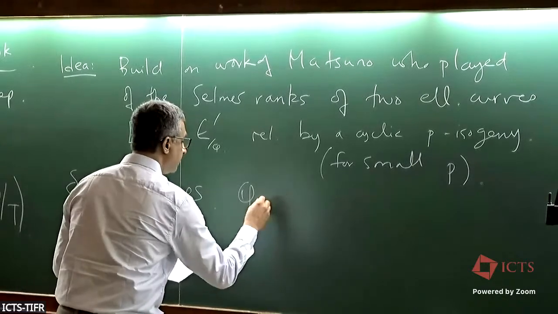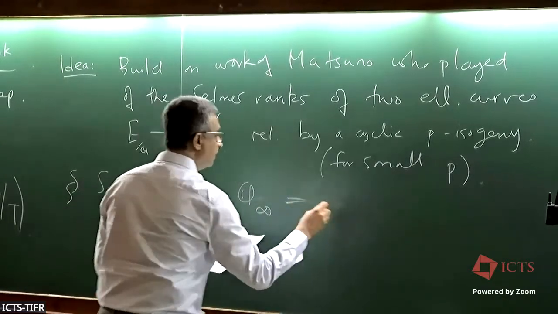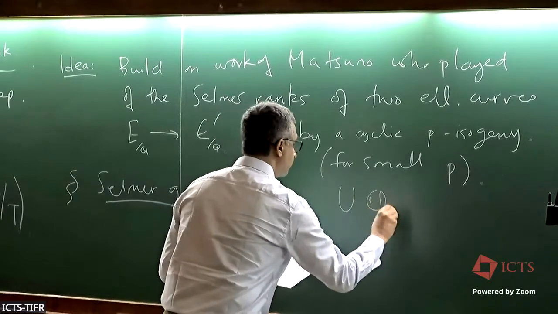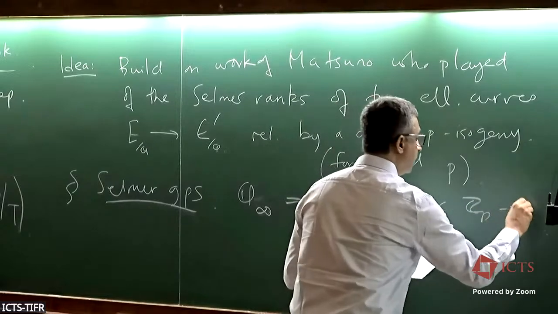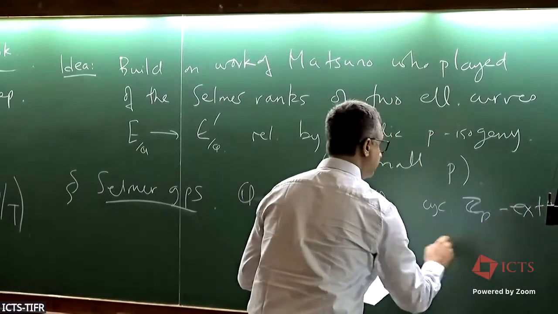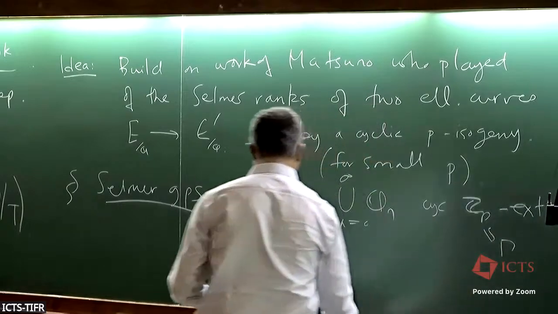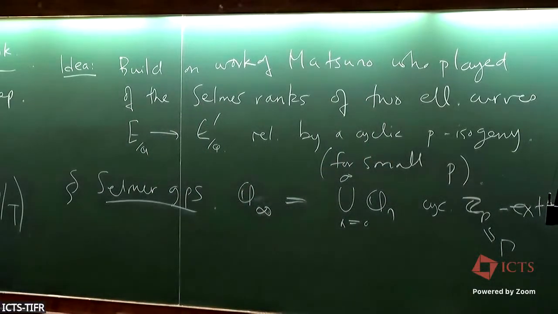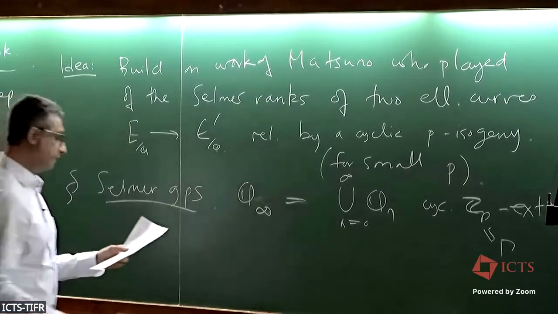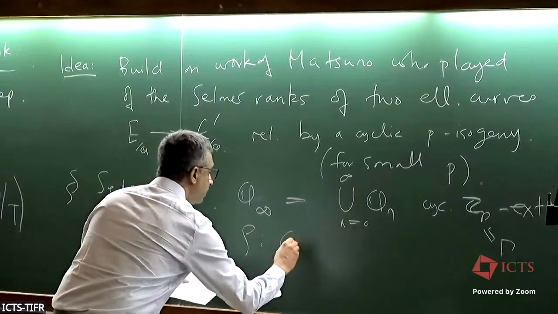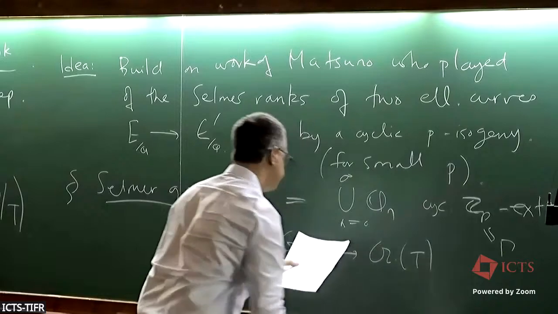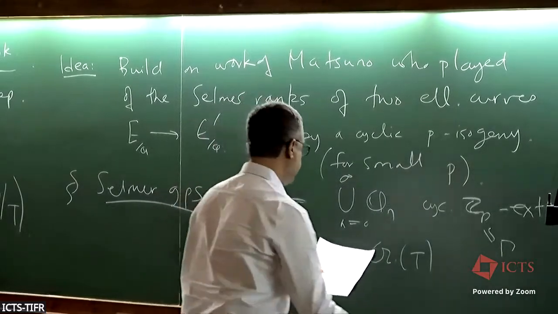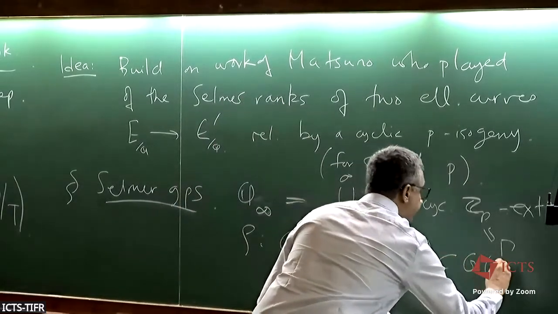Before I do that, here's the cyclotomic Z_p extension, Q infinity. I will write Gamma for Z_p, usual notation. Q_0 is just Q. I'll fix a rho from the Galois group of Q to GL of a lattice, a two-dimensional module over Z_p, sitting in GL(V).